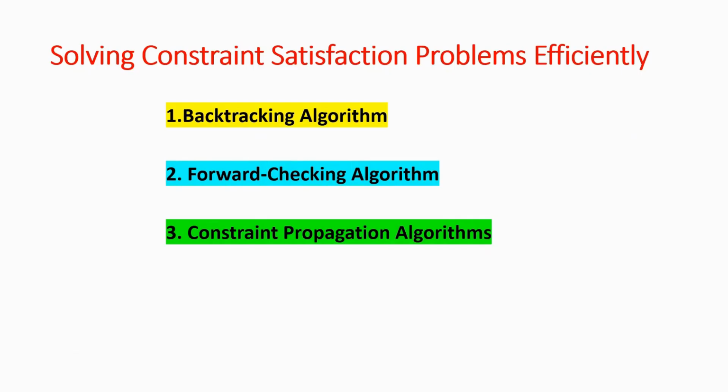Usually pre-processing steps are integrated with backtracking, like in the forward checking algorithm. Those three approaches are key to efficiently solving the complex and large search spaces inherent in constraint satisfaction problems. So I hope you understand this theoretical part, and thank you all.